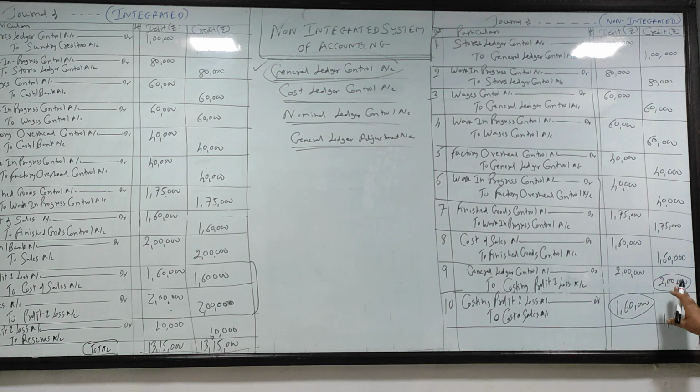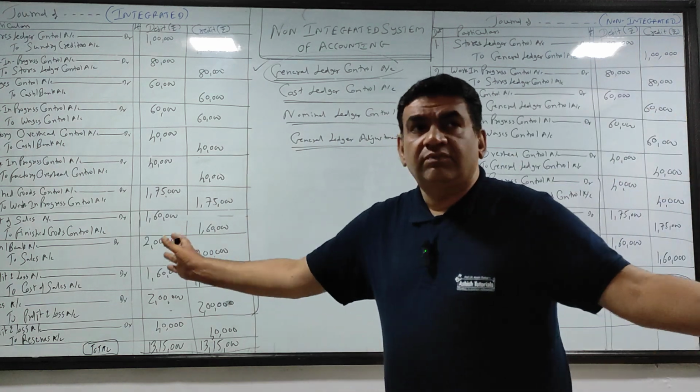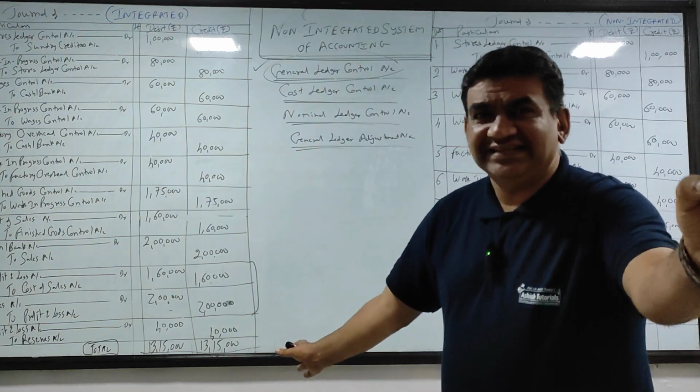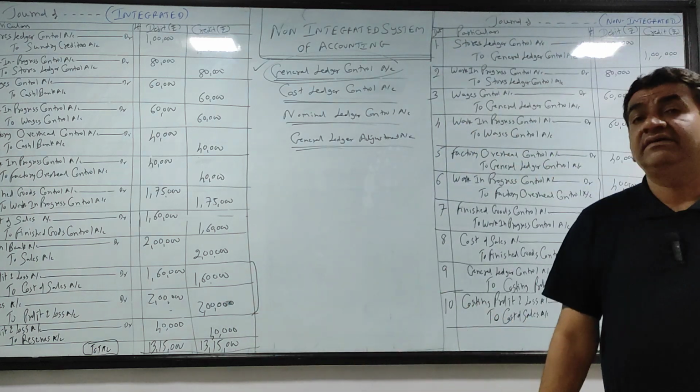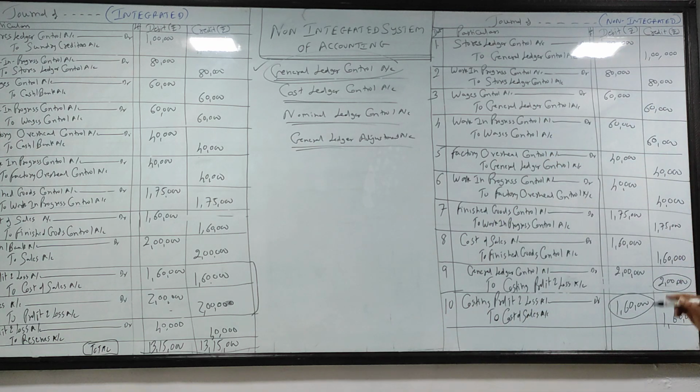So 2 lakh credit, 160 debit, 2 lakh minus 160, 40. Profit or loss at both the places has to be the same. So here also, a 40,000 entry.